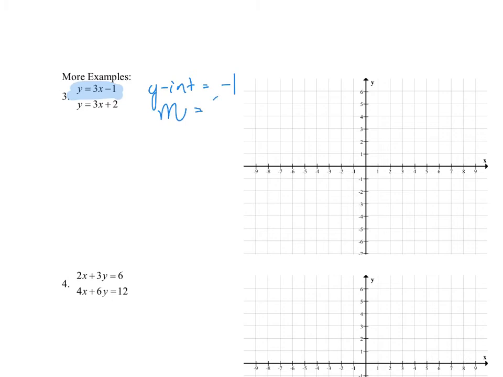And our slope is 3. Remember, that's 3 over 1. So we plot it. We mark our -1 on the y-axis and count off 3 up, 3 over 1. Give a few more points. Okay, and now we're going to draw this line.